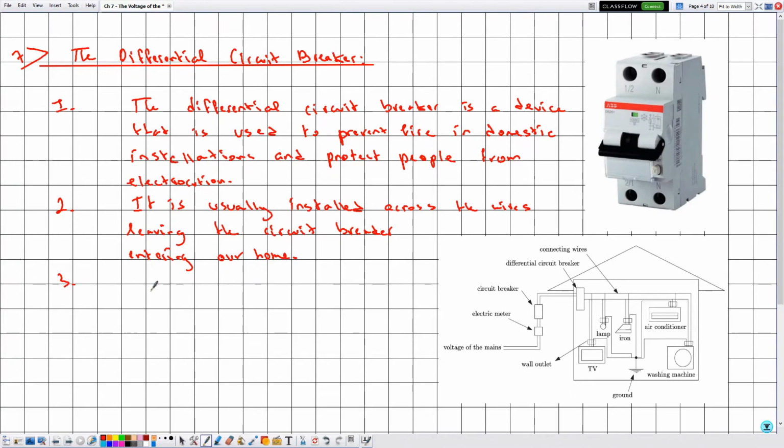And idea number 3, that each differential circuit breaker comes with a rated current.